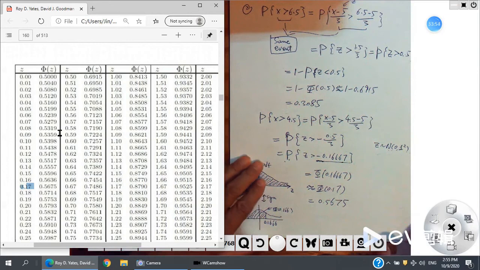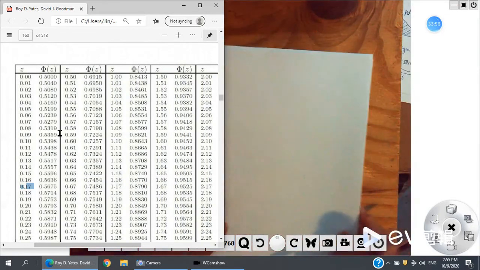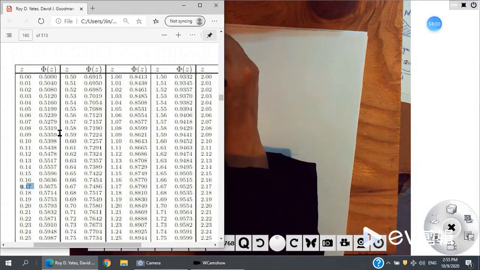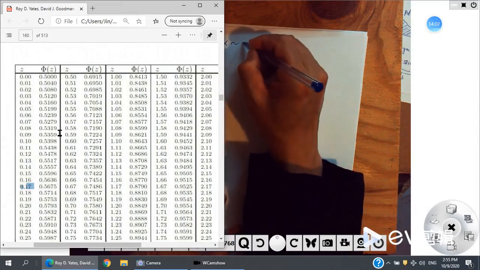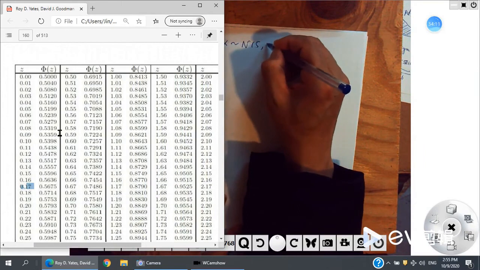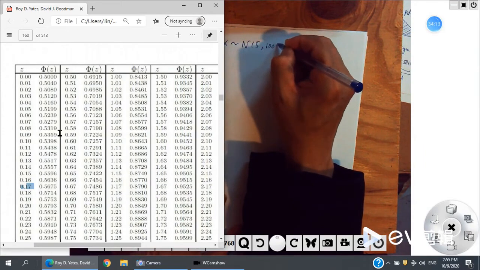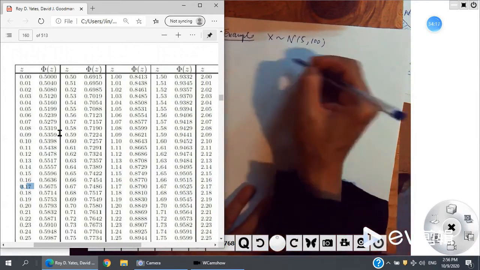Okay. Alright. Now let's consider an example. I still use this: x obeys a normal distribution with mean 5, and I use variance 100, a different one.